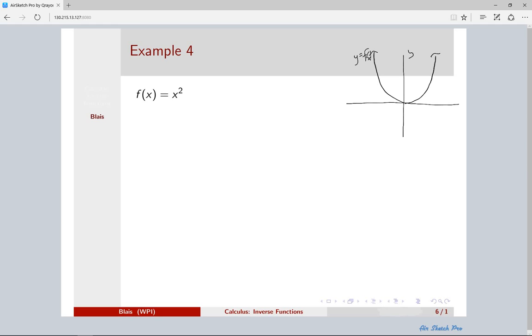And the issue now will be, what happens if we reflect this about y equals x, like we've been doing here? If we do that reflection, what's the problem with this purple curve? Well, it should be clear, this is not a function. This purple curve does not pass the vertical line test.